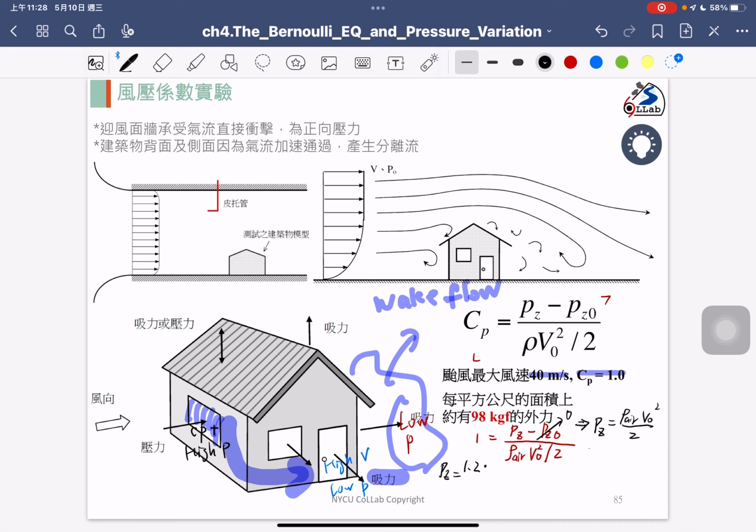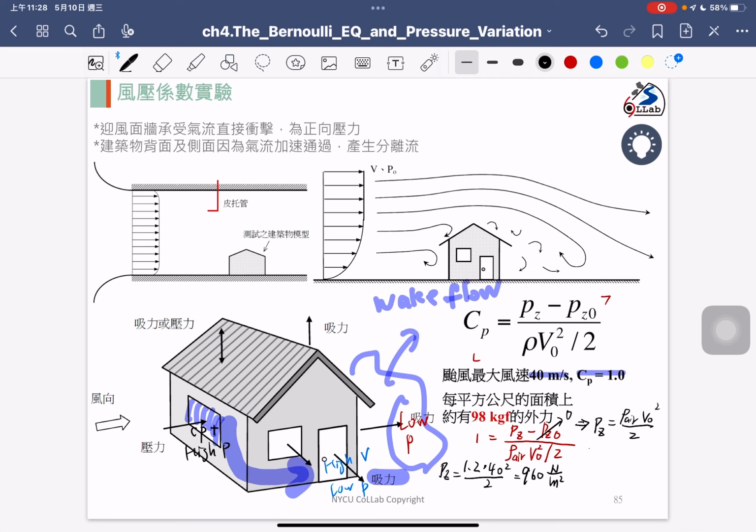And the velocity of the wind during the typhoon period is 40 meters per second, squared, and divided by 2. So we can compute the answer: 40 squared multiplied by 1.2 divided by 2 is around 960, and the unit is Newton per meter squared.